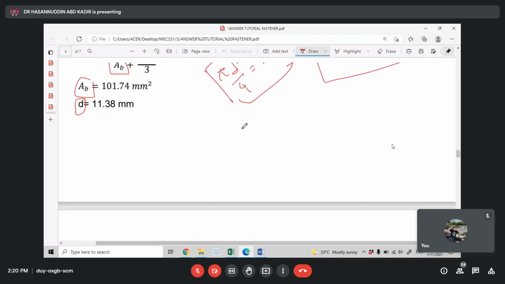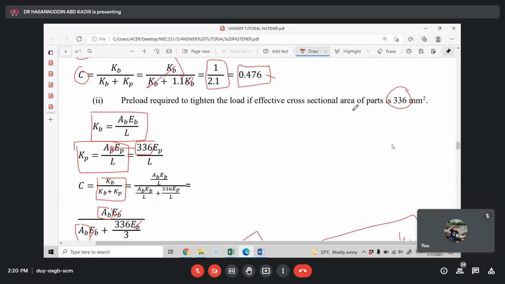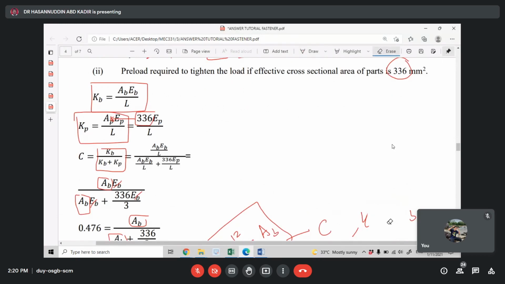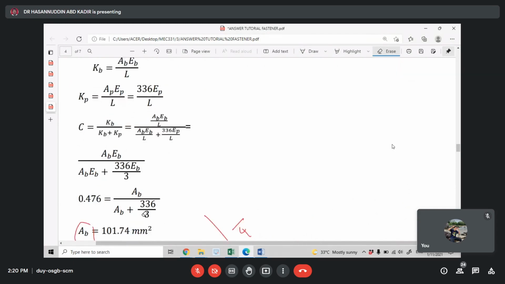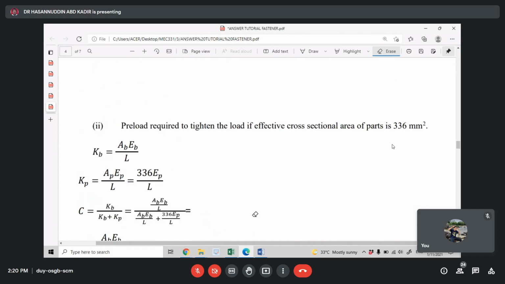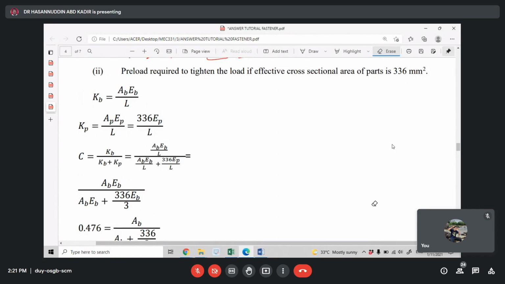Okay, let me repeat this part a bit. Because they ask you to find the value of Fi here, then you need to find the value of AT.